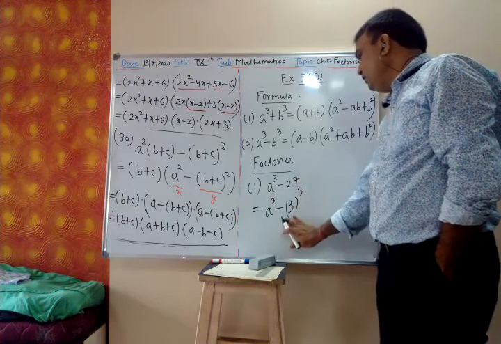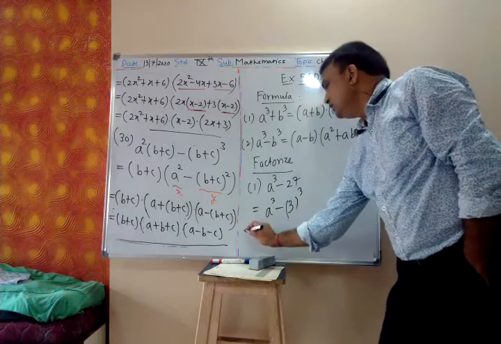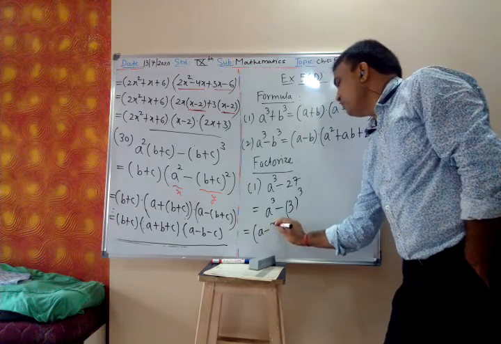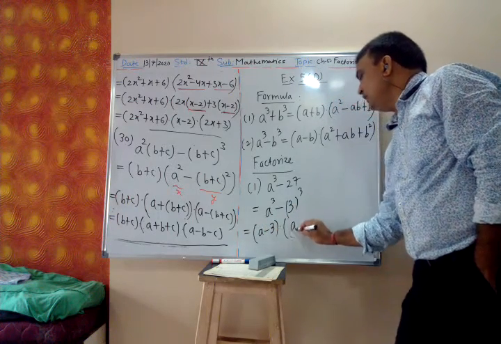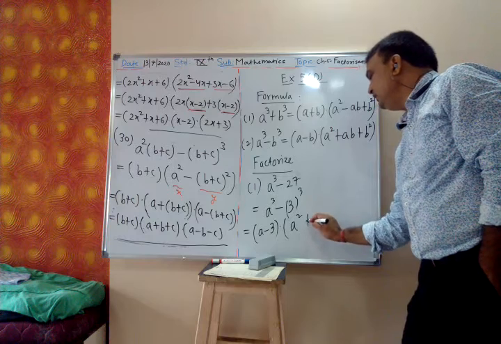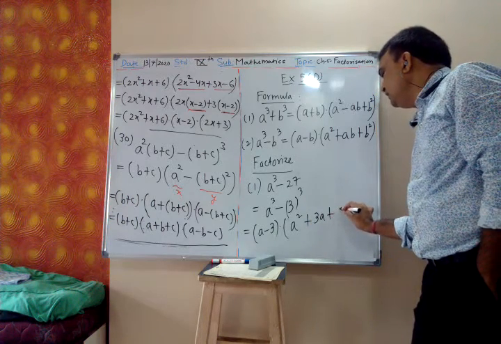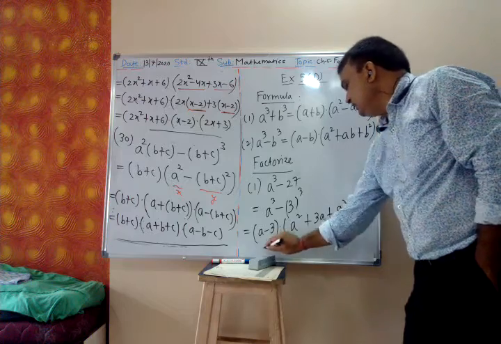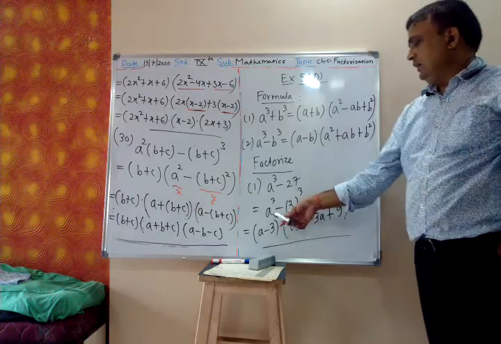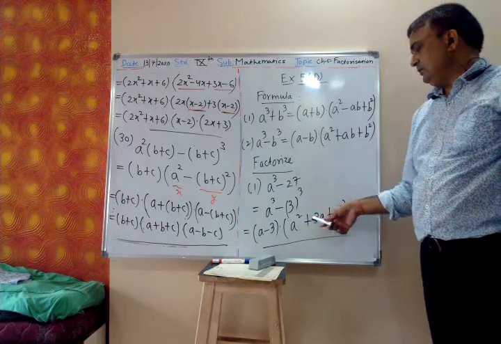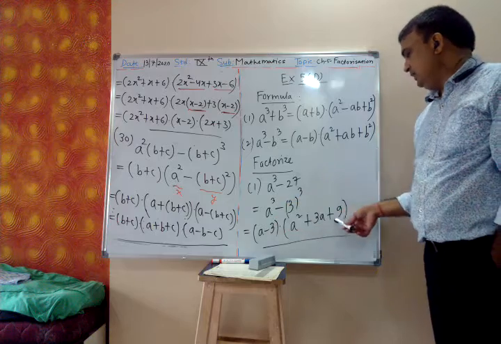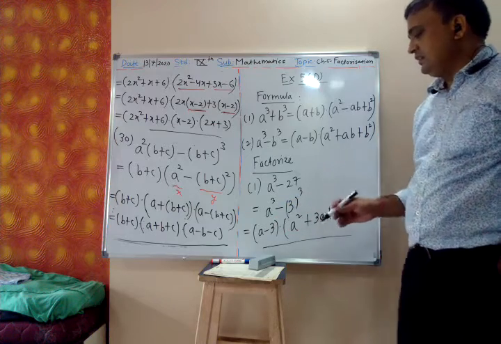So now this is of the form a cube minus b cube. So that will be a minus b into a square plus ab plus b square, that is 9. And this is the answer: a minus b into a square plus ab plus b square. 3 square is 9.